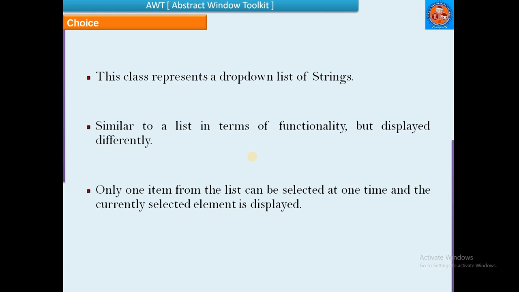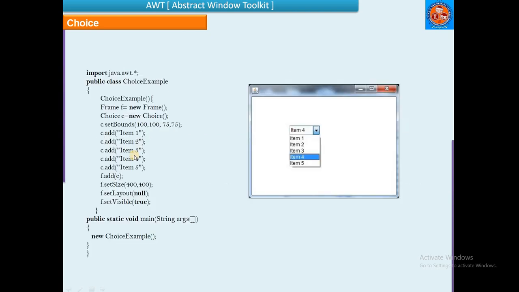Only one item can be selected at one time. This is the example. It is just like a list, but the selection is different.